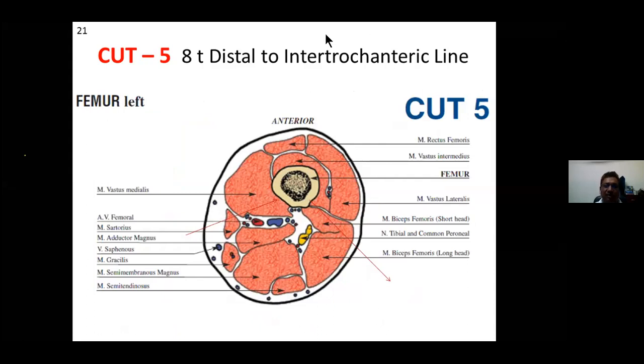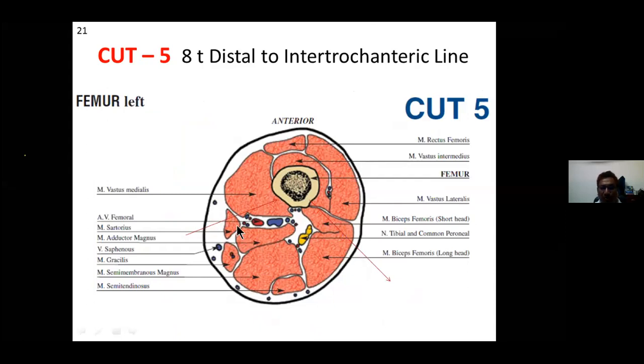Now the cut 5, it is 8 cm distal to the intertrochanteric line. There is an arc. You can see a line, red line here and here. There is an arc from 110 to 270 degrees, and it is fully safe for the wire insertion.